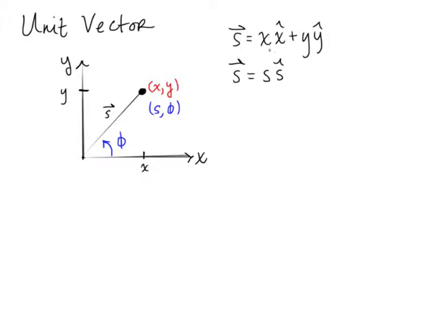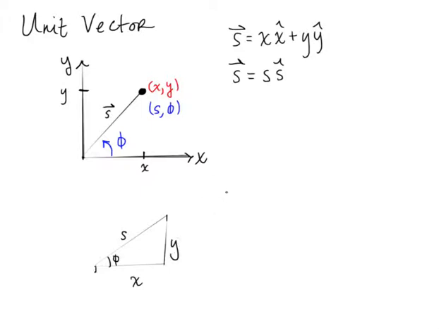So I'm going to draw a triangle that we get from all of this information. We have phi, this is s, this is x, and this is y.